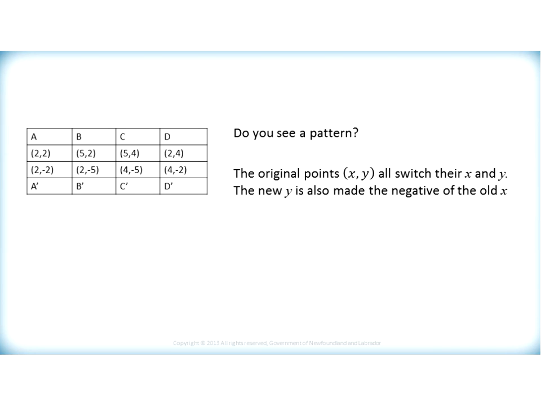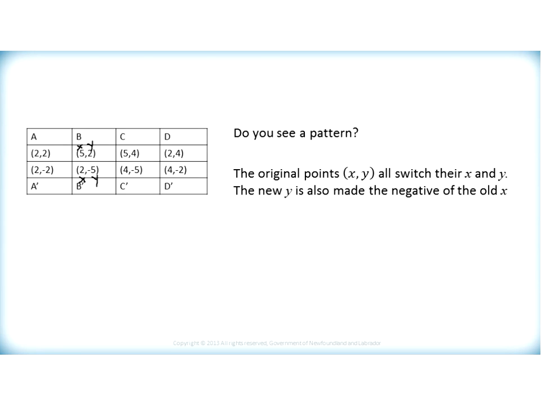They all switch. It's not as obvious in A, because X and Y are both the same. But in point B, this was my X here, and this is my Y. What was Y in B is now X in B prime. So they switched. What was X in B is now Y in B prime.